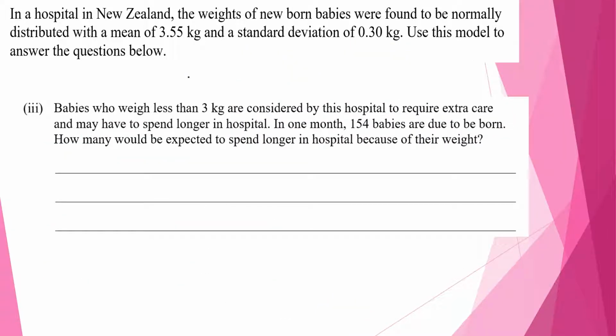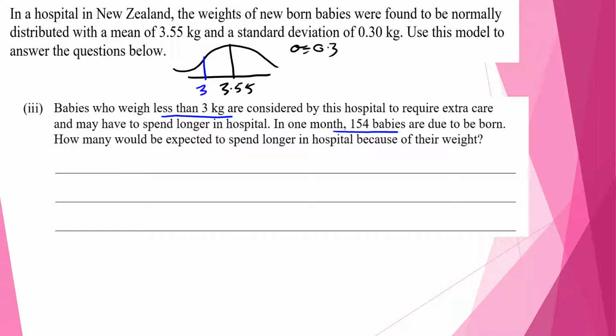Alright, so we've got the situation as per before, where we've got a normal distribution with mean of 3.55 and standard deviation of 0.3, and we are actually asked in this case to look at babies less than 3 kgs and work out the expected number that are going to be less than 3 kgs.